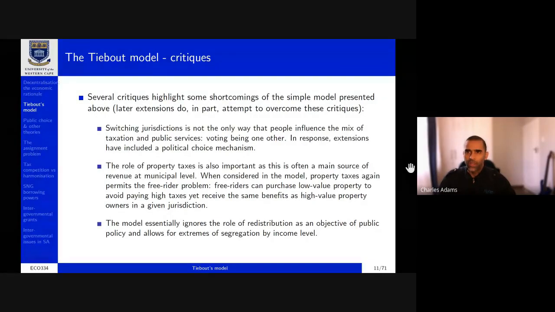Also, the model ignores the role of redistribution, right? And you'll notice a trend here in economics, where in mid to late 20th century economics, the role of redistribution didn't have the salience, the importance that it does today, right?